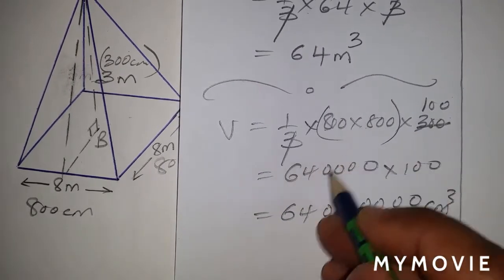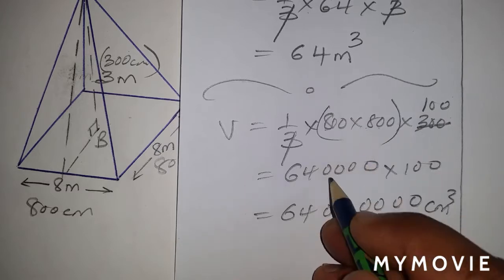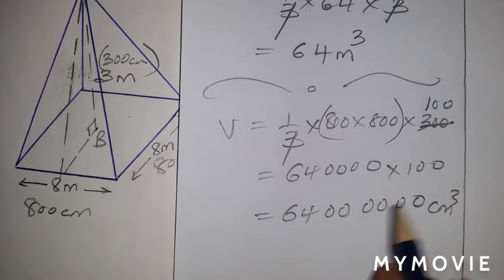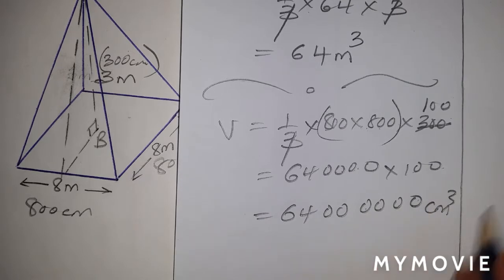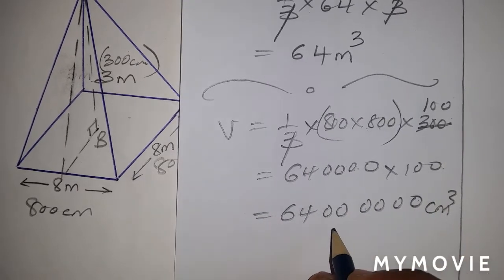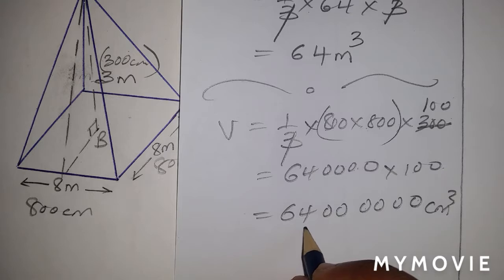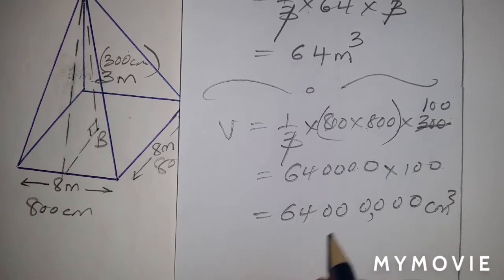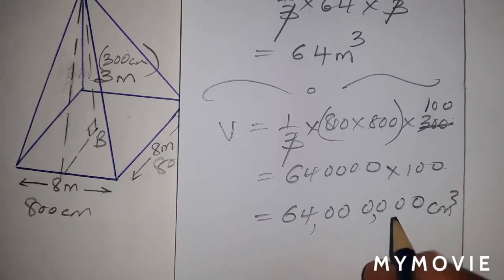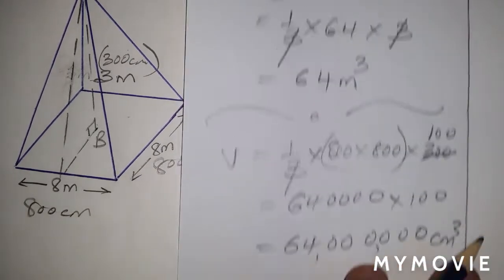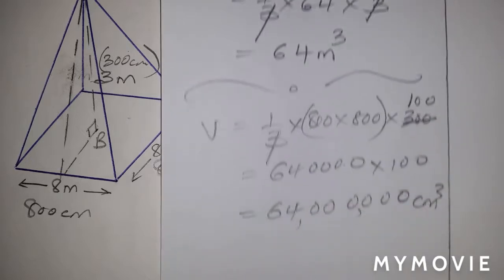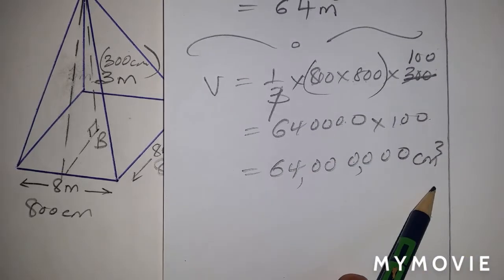So this looks like 64 million cm cube. All right, so we have the volume in meters cube if we need it, and we have the volume in cm cube if we need that as well.